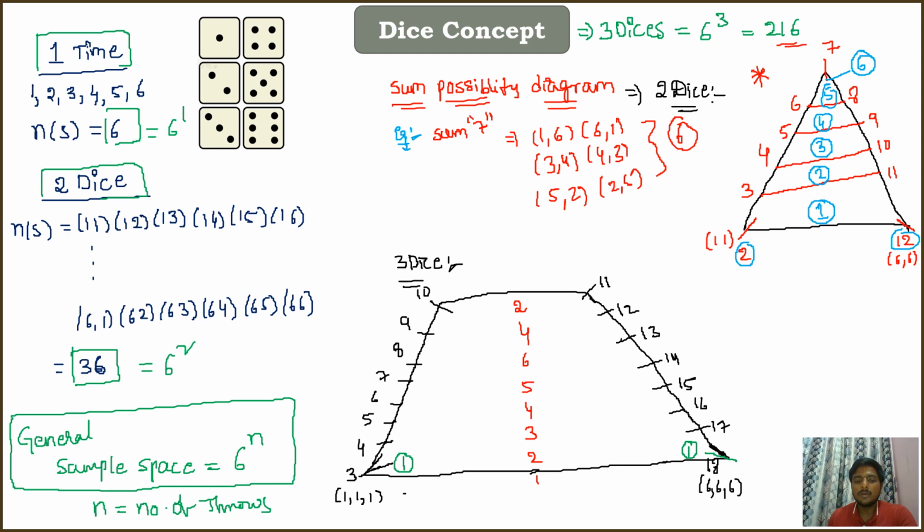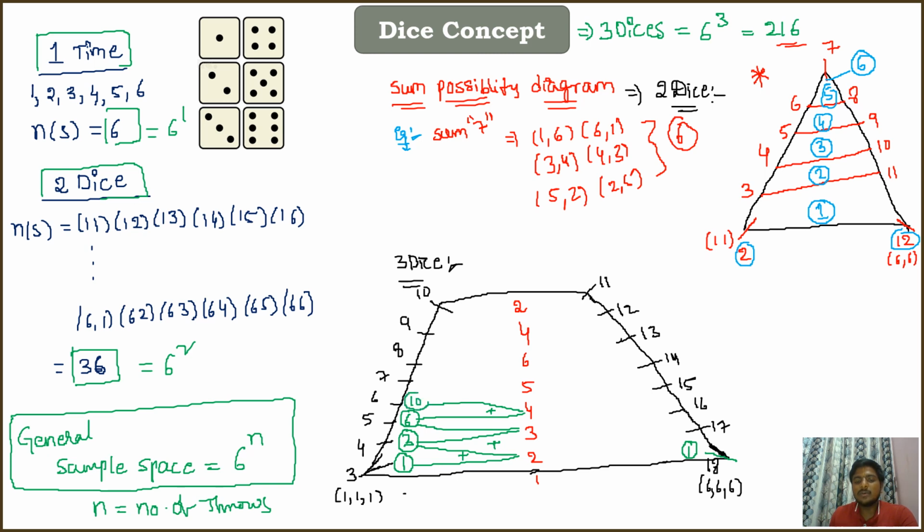Now for 4, 1 plus 2, you will get 3. Next one, 3 plus 3, 6, that is the sum possibility we will get as 6. Now 6 plus 4 is 10.